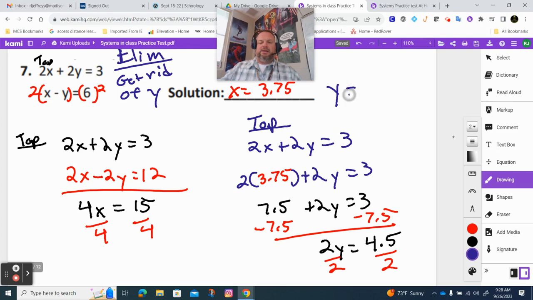So we get y equals 2.25. Okay. Now, it doesn't matter which one we did, but these decimals are a little bit easier than the other ones.